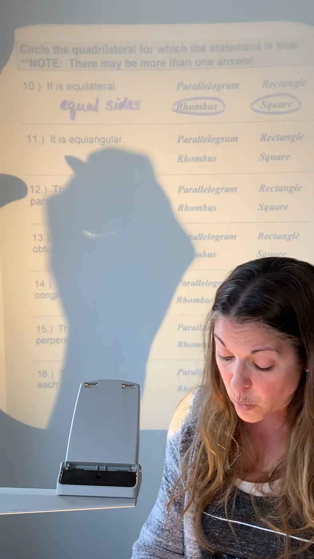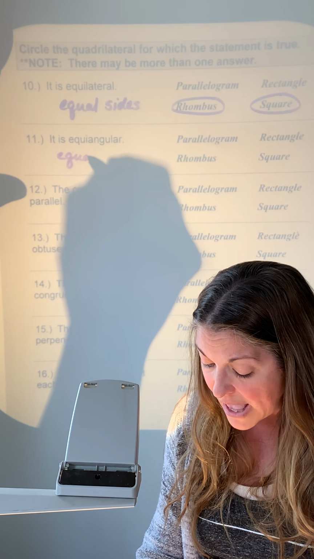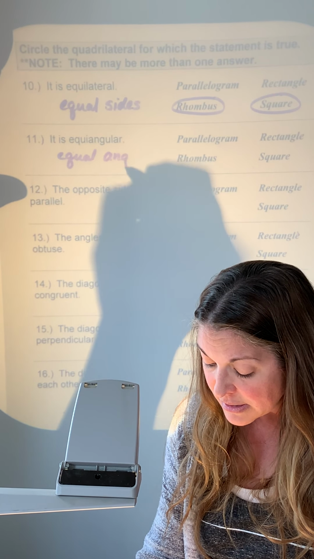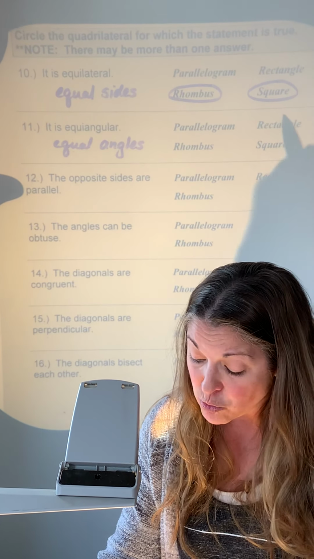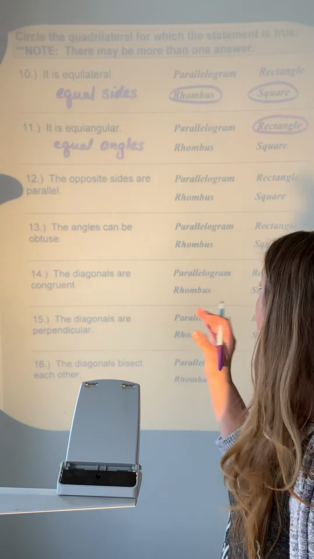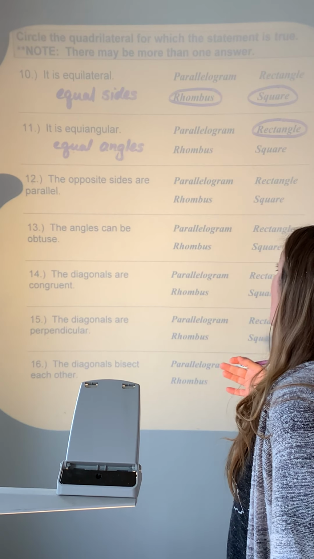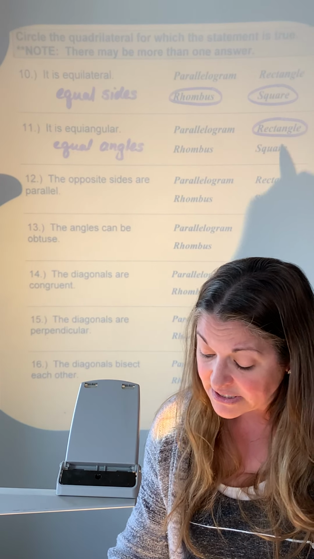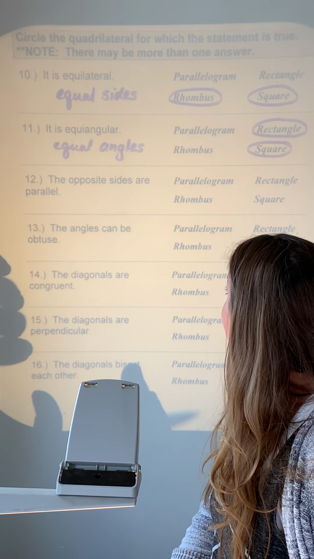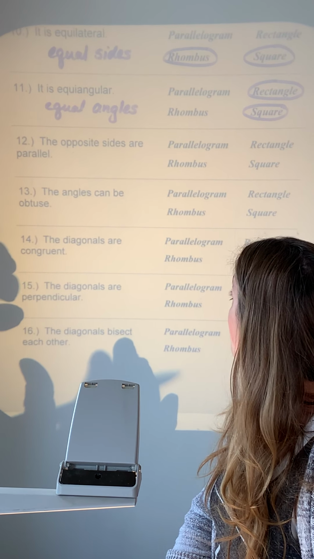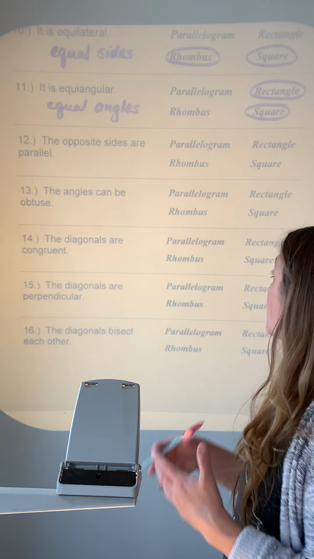Number 11, equiangular. Well, that's equal angles. And we first saw equal angles when we went to the rectangle because we had all those 90-degree corners. Well, that is also that characteristic that was passed on to the square. Number 12, the opposite sides are parallel.